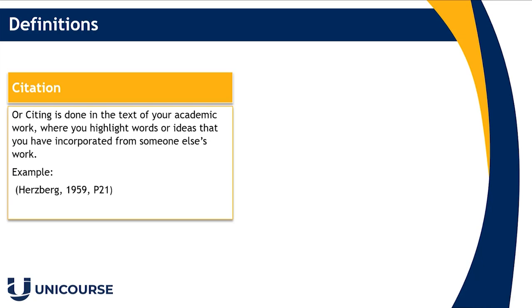For example, if you were talking about Herzberg's motivational model and quoting a specific piece of information from his work, you'd note the snippet in text. So you may say, I agree with Herzberg's motivational theory and believe this could be implemented in our workplace, and you're informing of why you believe that theory will be useful within your current work practice.